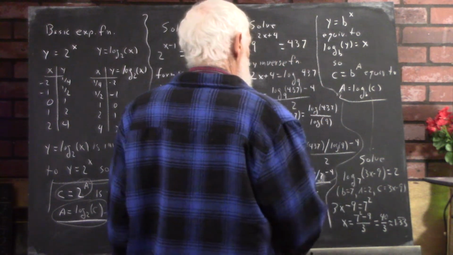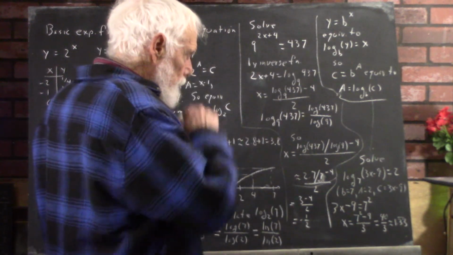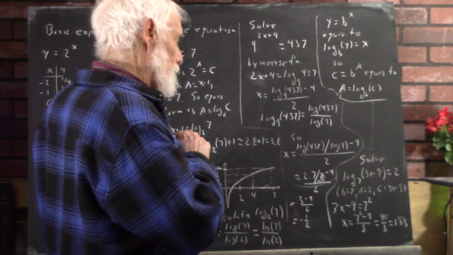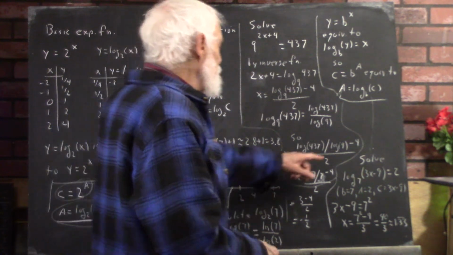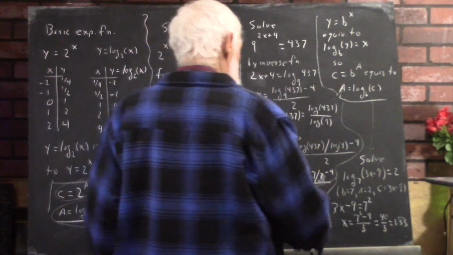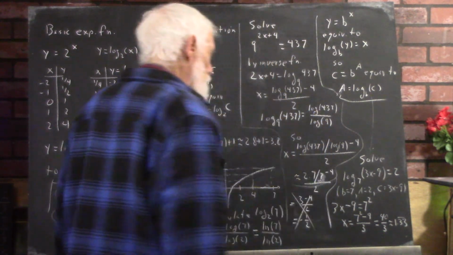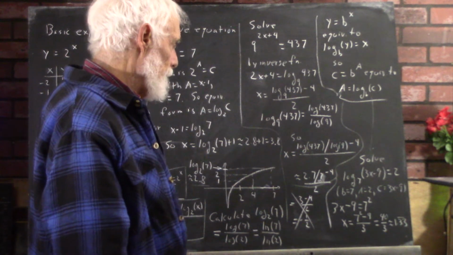So I'm going to put a question mark there. I don't have a good way to estimate the log of 9. I could do the natural log, and I could get into that, but you take your calculator and figure this out. All this is wrong. This is a question mark here, and I'm unable to do a good estimate of the log of 9.